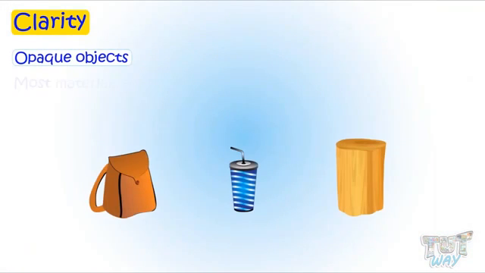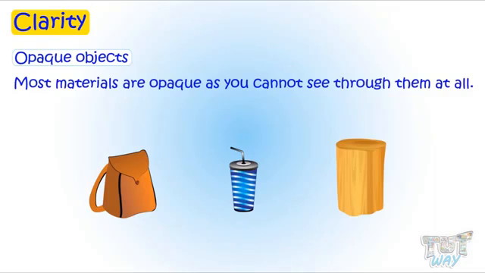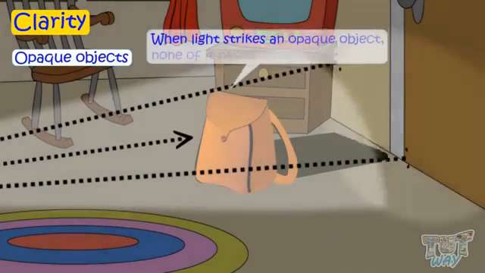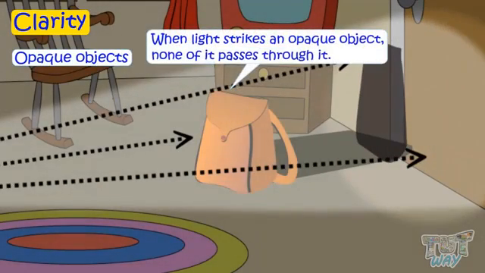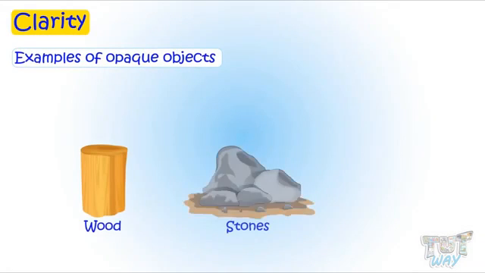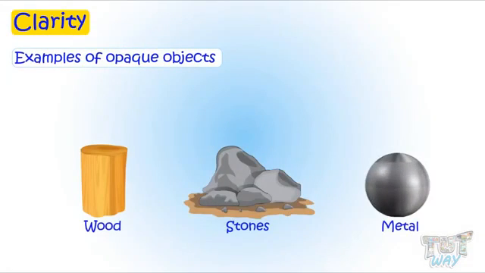Next are opaque objects. Most materials are opaque, as you cannot see through them at all. When light strikes an opaque object, none of it passes through them. Materials such as wood, stone, and metals are opaque.